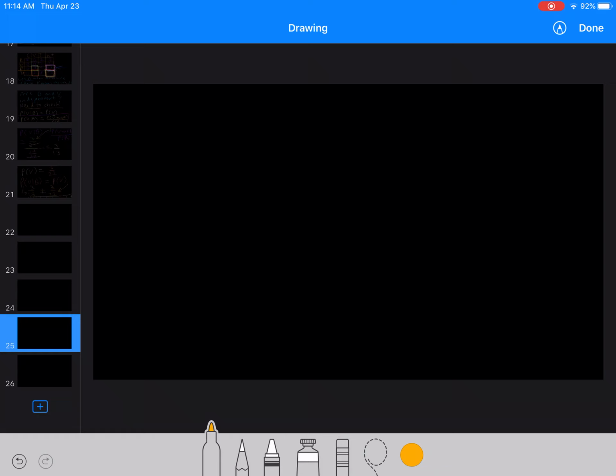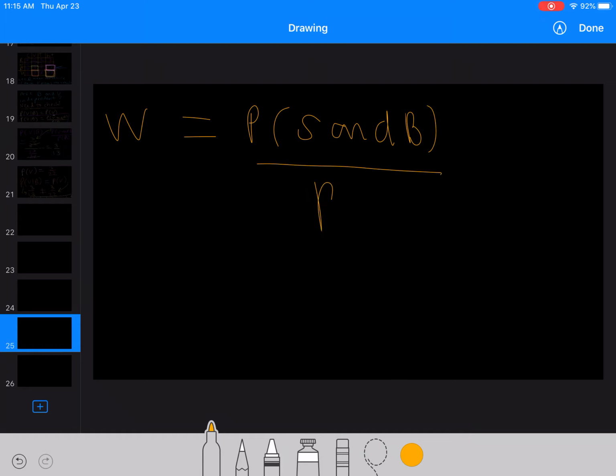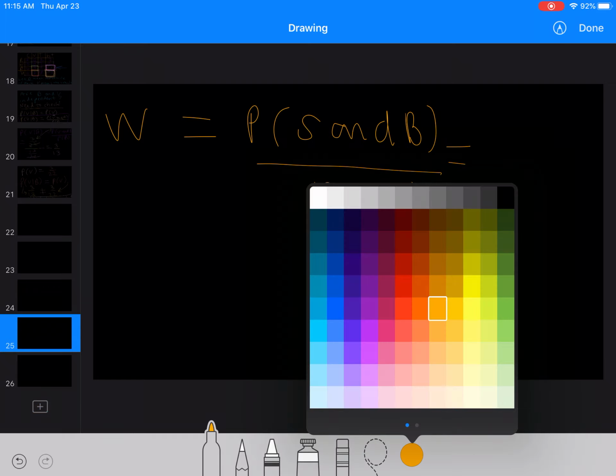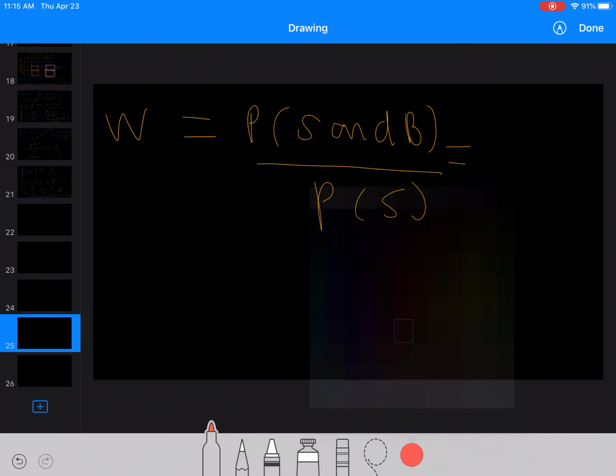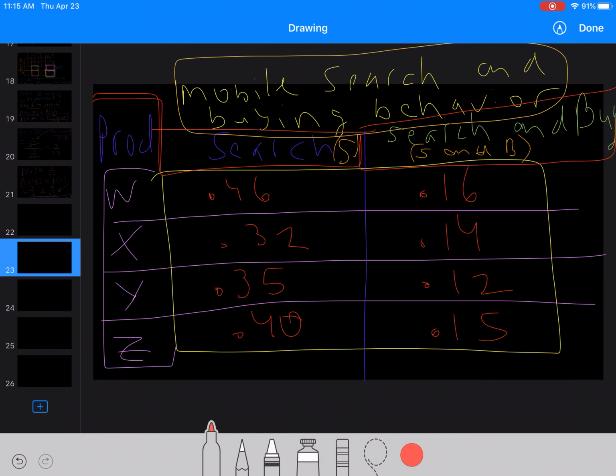So let's do the data on product W first. Remember we have to do our probability of S and B, search and buy, over just the probability of S. All right, so from our table, for W, the probability that search and buy is the 16 here.